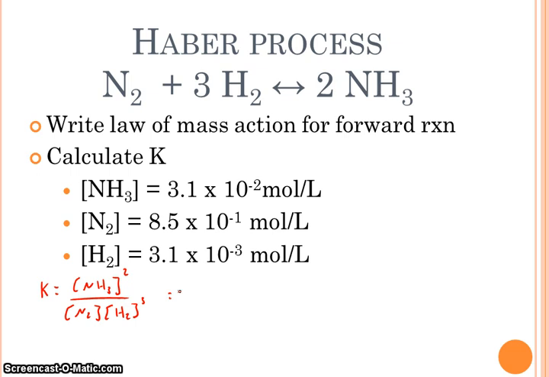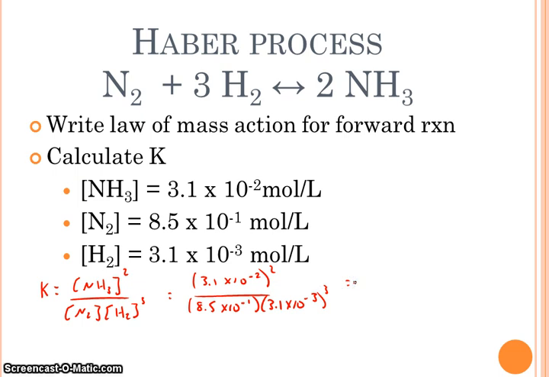Now we're going to plug in the equilibrium concentrations that were given. So we've got 3.1 times 10 to the minus 2, and we're going to have to square that number, over 8.5 times 10 to the minus 1 times 3.1 times 10 to the minus 3, and we're going to need to cube that number.